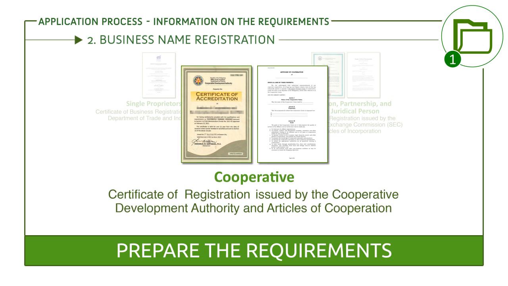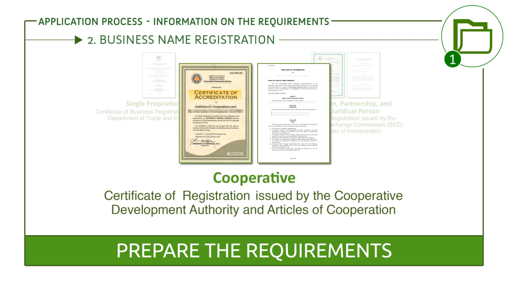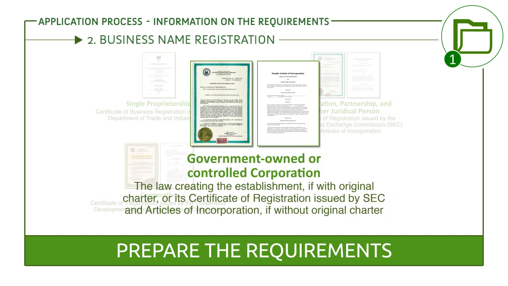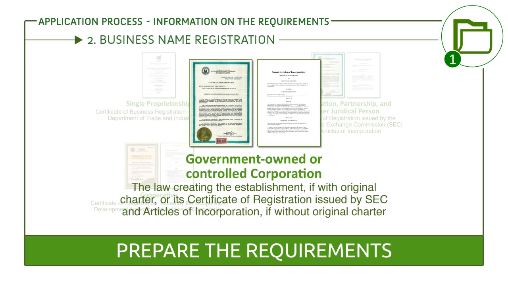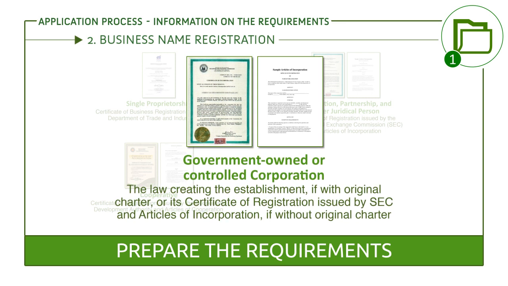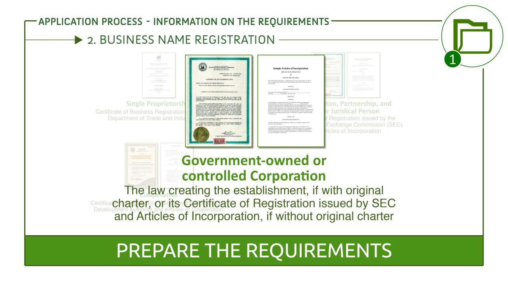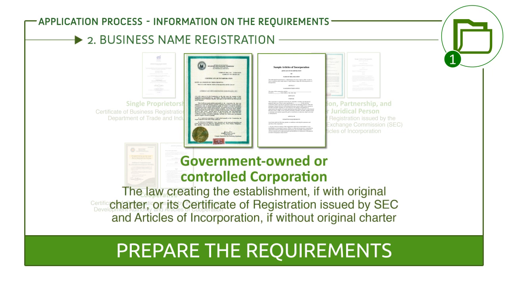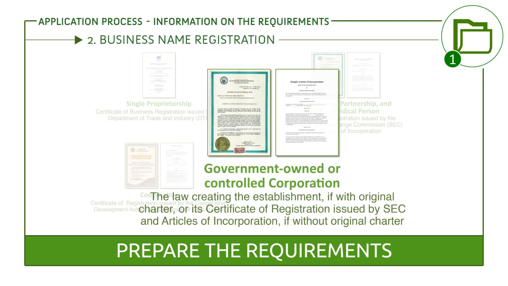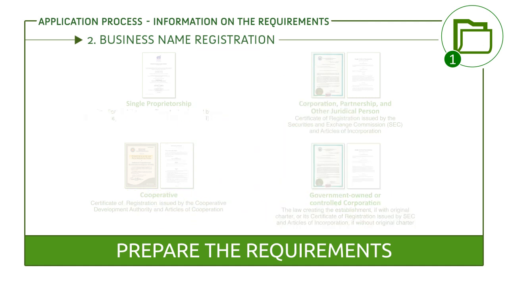For cooperative, Certificate of Registration issued by the Cooperative Development Authority and Articles of Cooperation. For government-owned or controlled corporation, the law creating the establishment, if with original charter, or its Certificate of Registration issued by SEC and Articles of Incorporation, if without original charter.